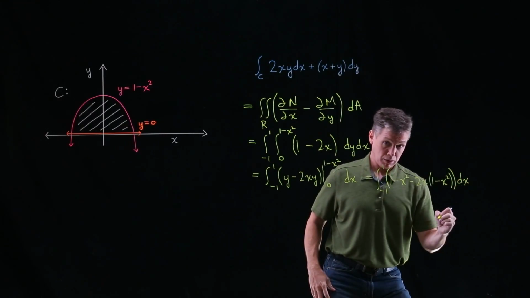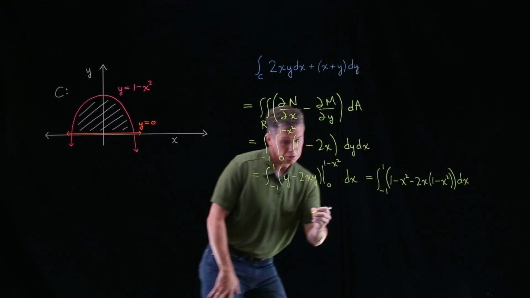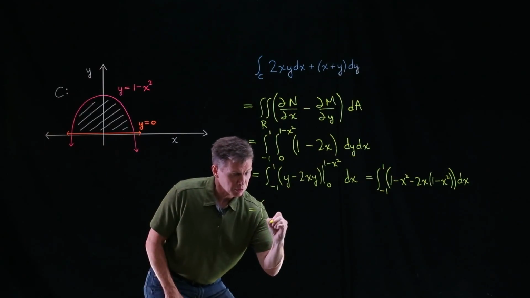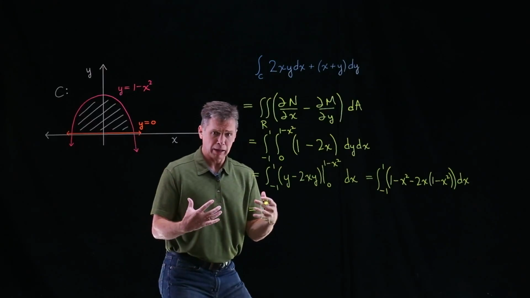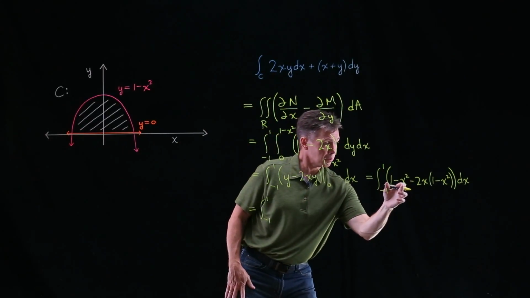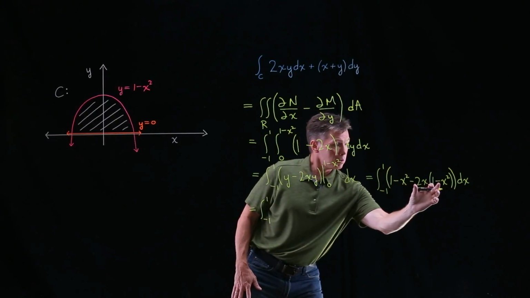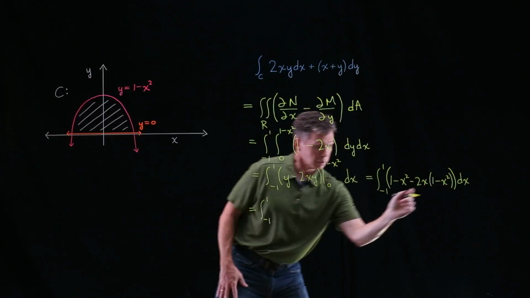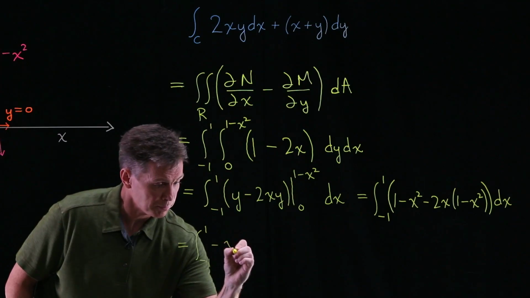All right, looks good. Let me slide over here just for some more space. Before I actually do the integration, I'd like to combine like terms and see what all I'm looking at here. I do have minus x squared. Here's an x, here's an x cubed. So just minus x squared.